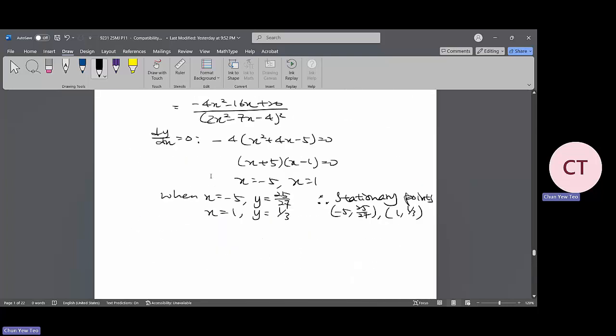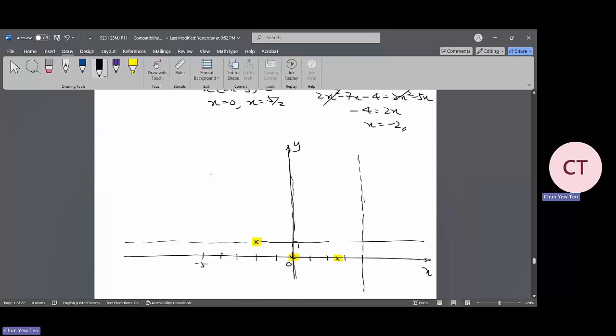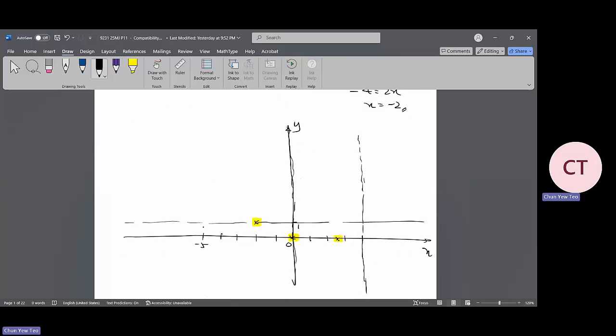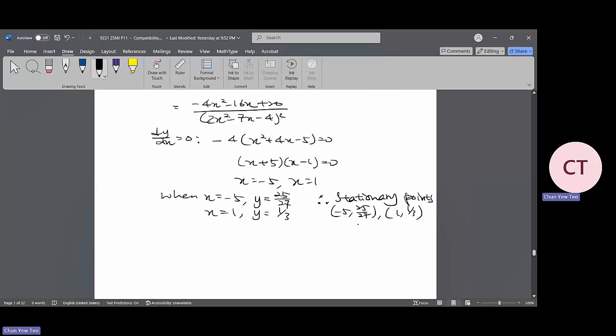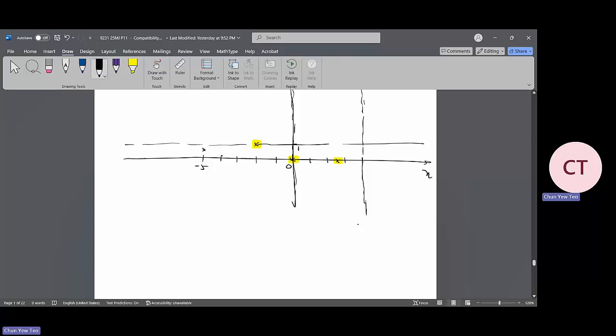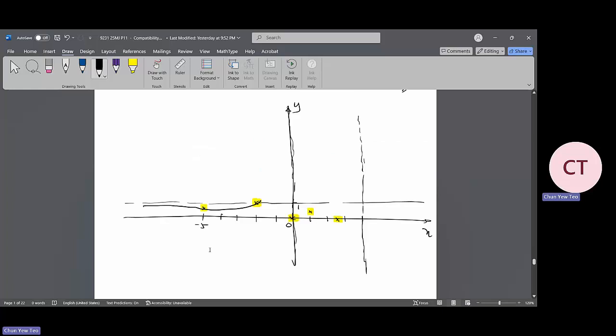Just now the maximum point is (-5, 25/27). So somewhere here. Then another one is 1 and 1 over 3. Somewhere here. So just draw it properly. You will have a minimum point over here. After that, it passed through this. Then this one.